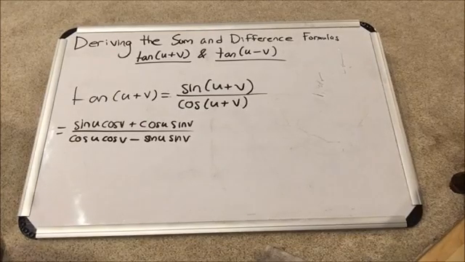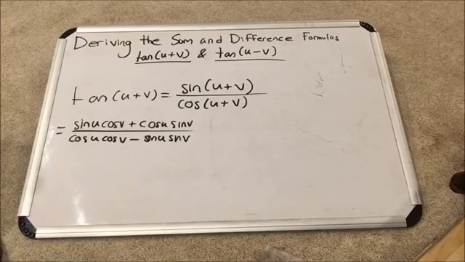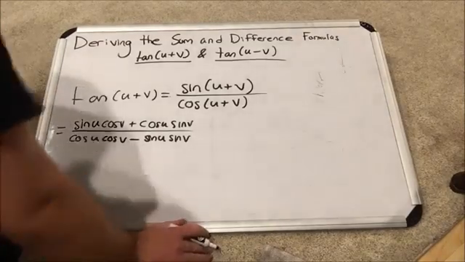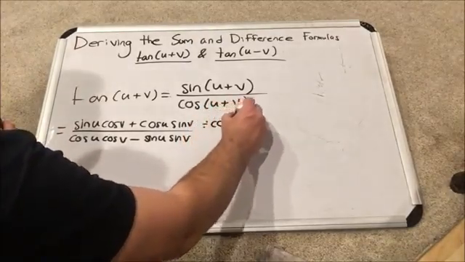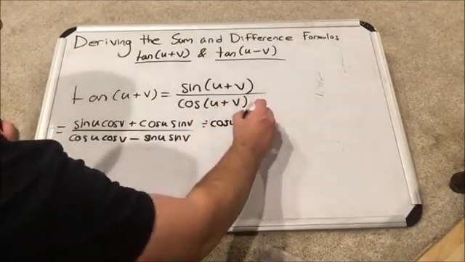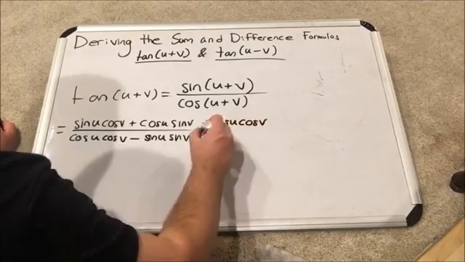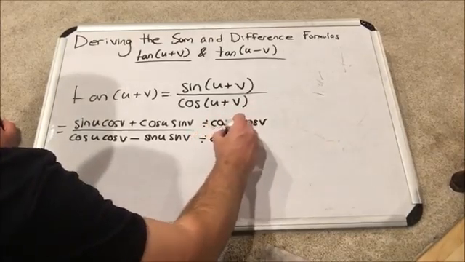Now, the only unintuitive part in this process is what I'm going to do right now. I'm going to divide both the numerator and denominator by the following product: cosine u, cosine v. So both the numerator and denominator will themselves become fractions with cosine u, cosine v as their denominators.